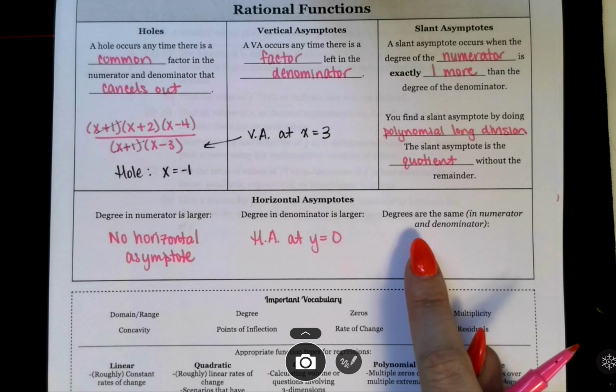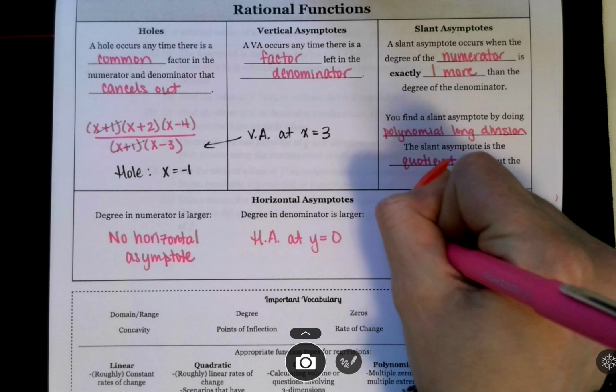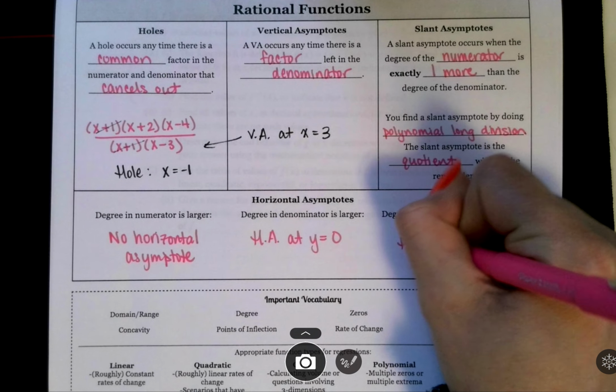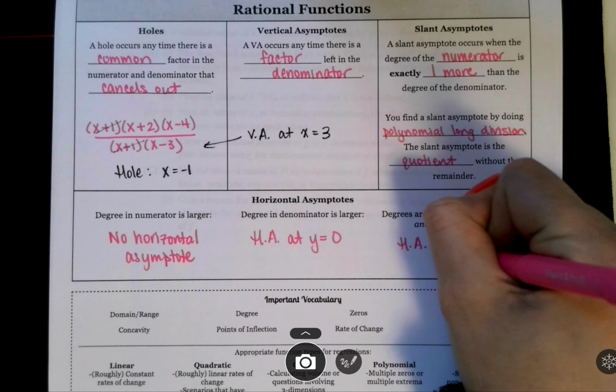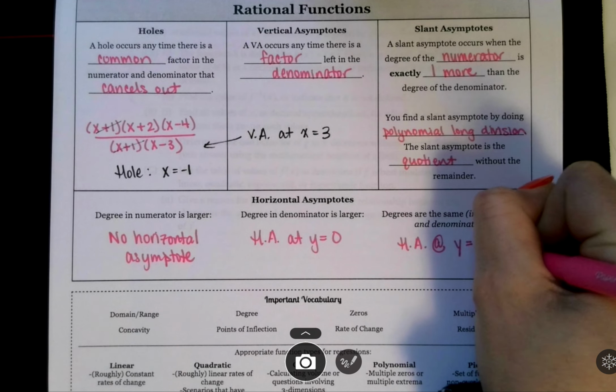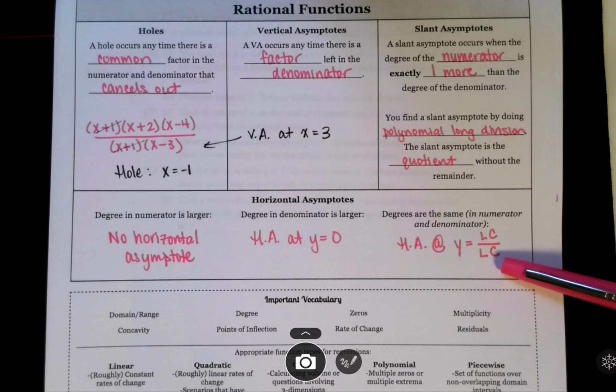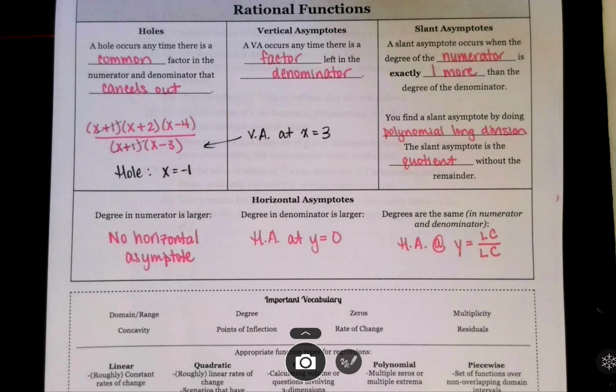And then if the degrees are the same, so if the degree in my numerator is exactly the same as the degree in my denominator, I have a horizontal asymptote, but I need to figure it out. So we're going to say it's at y equals whatever the leading coefficient of our numerator is divided by the leading coefficient of our denominator. So we would divide those out. How I think about it is, I'll write it kind of in pencil.